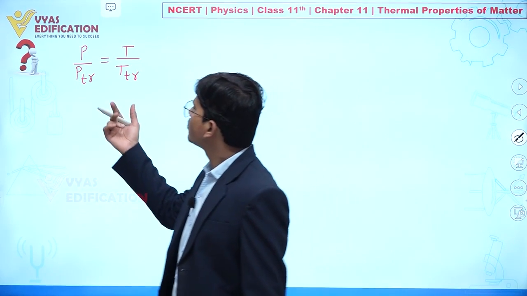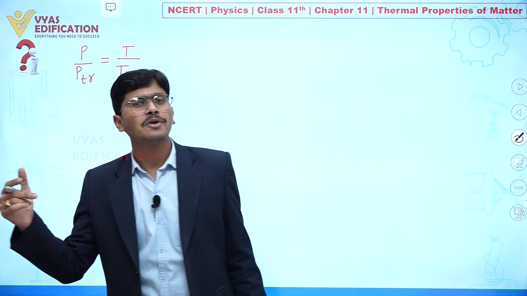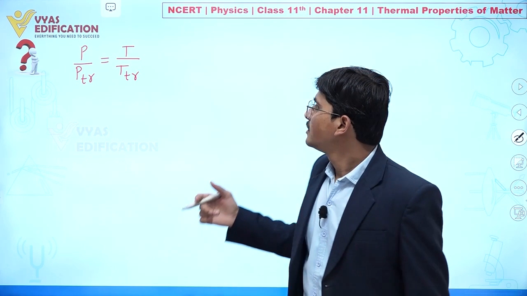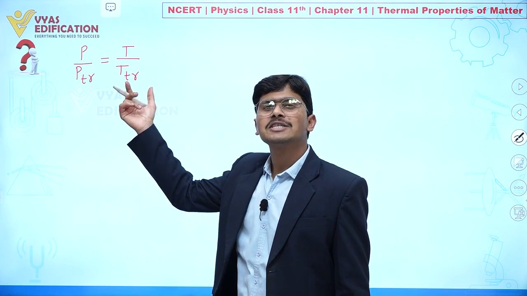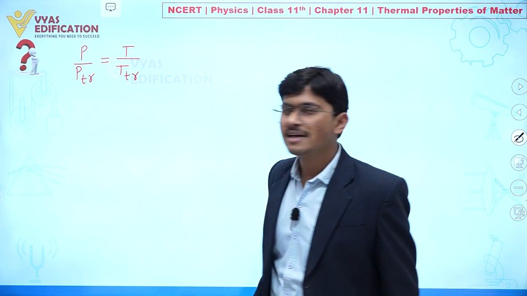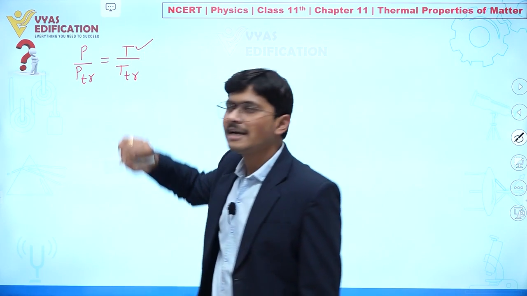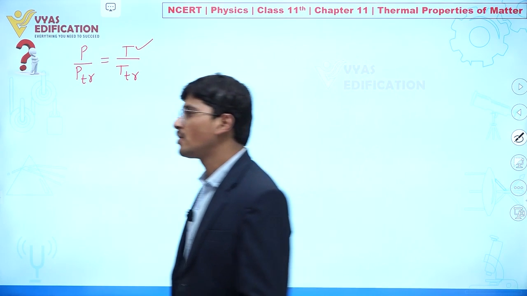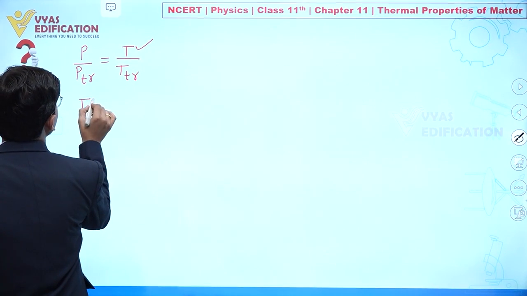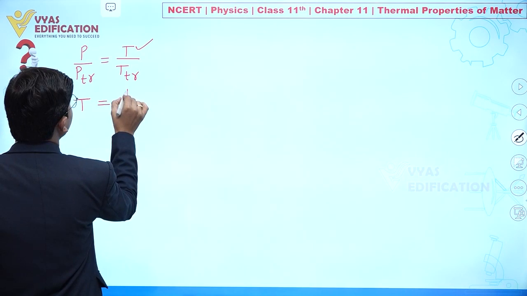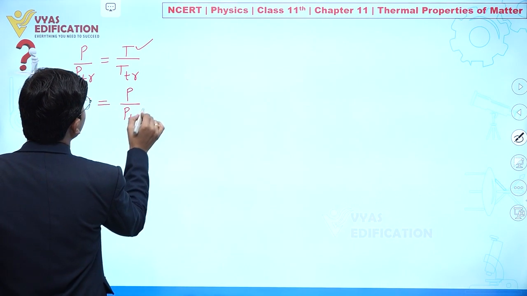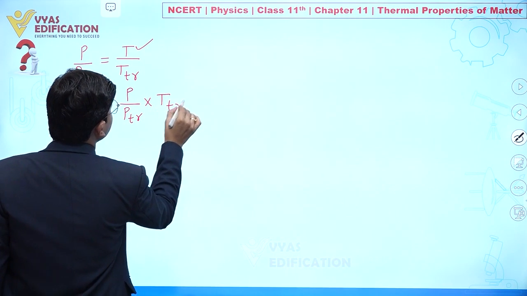This is the pressure corresponding to the triple point of water, and this is the temperature corresponding to the triple point of water. Clear? Now our objective in this question is to calculate the temperature at the normal melting point of sulfur. So we can write: T is given by P divided by P_TR multiplied by T_TR.